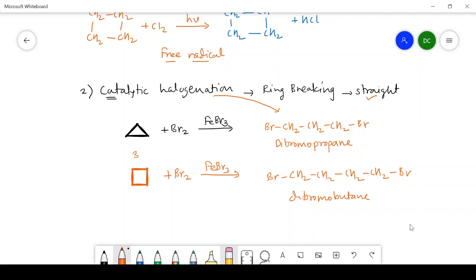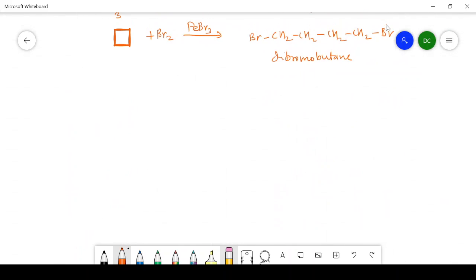Now, the third reaction is catalytic hydrogenation. It is simple and it is similar to the catalytic halogenation. You just have to write two hydrogens at the terminal carbons after breaking the ring. So we can take an example directly. Here I will write cyclopropane plus H2.